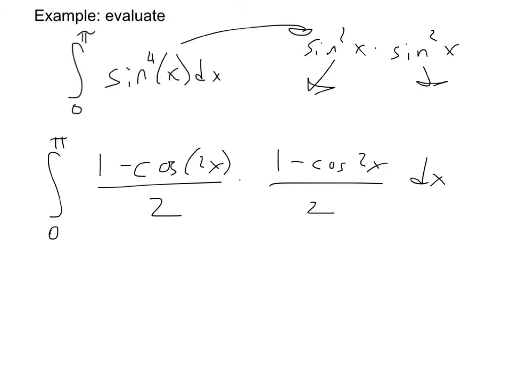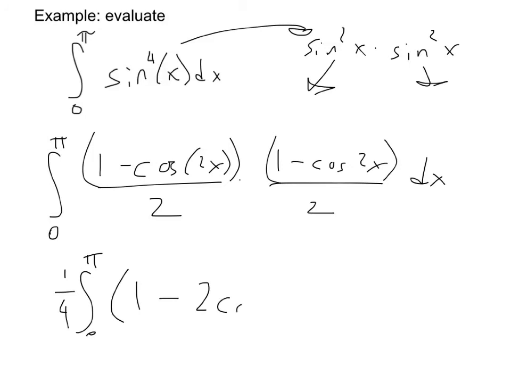I want to pull the 1/4 out front, just because I don't want it to be in the way anymore. So 1/4, the integral from 0 to pi. Then these two things here get FOILed together. You'll get 1 minus 2 cosine 2x plus cosine squared 2x.